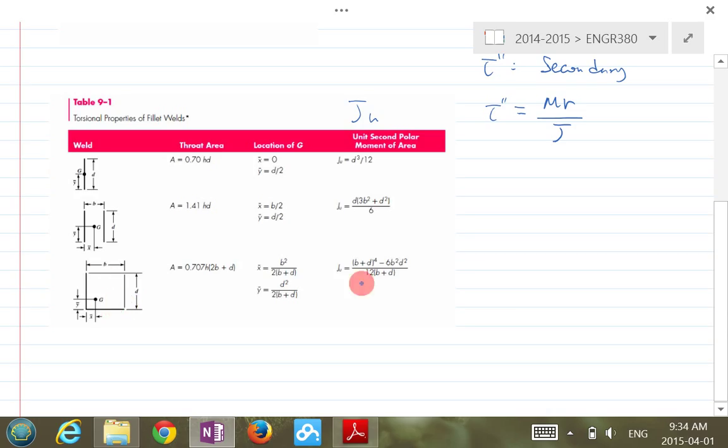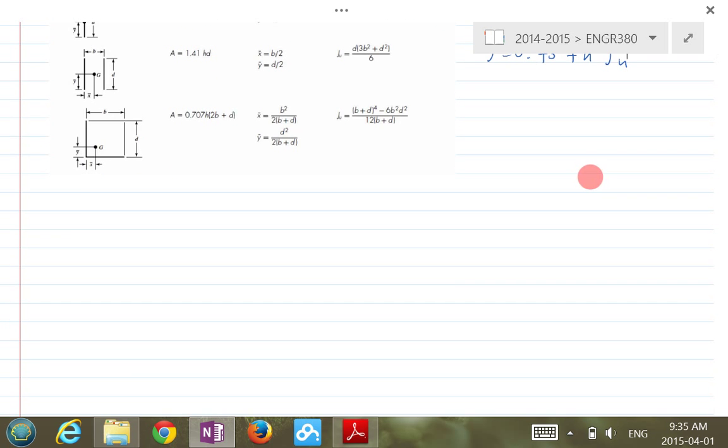You find the corresponding J_U based on the proper dimension. Then your J is 0.707 times h times J_U. So this is basically the idea here. Okay, so let's take a look at the example, and then we'll go into the second case.